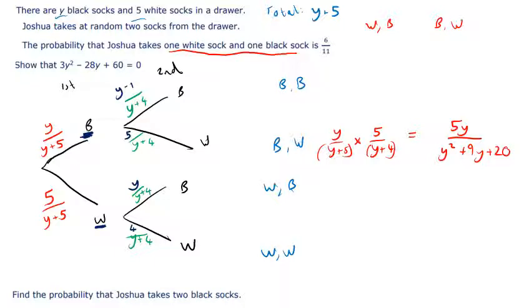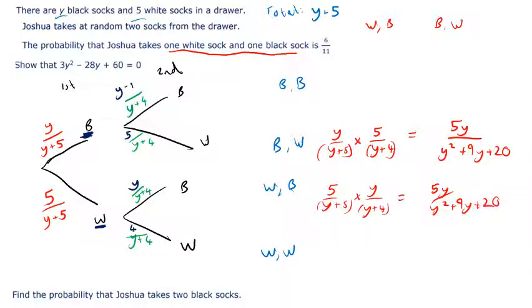Here, if it's white and then black, that's going to be 5 over y plus 5 times y over y plus 4, which also gives 5y over y squared plus 9y plus 20.